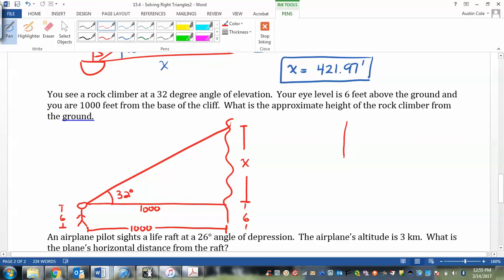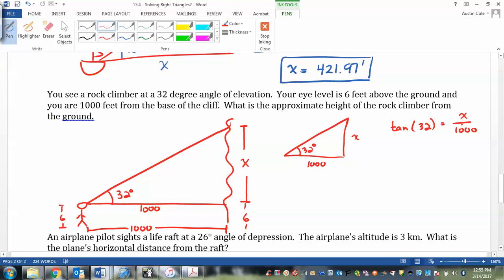Okay, guys, if it helps you to draw a separate triangle, go ahead and do that. 32 degrees, 1,000, x, there we are. So again, we're going to be using tangent. So tangent of 32 degrees equals the opposite over the adjacent.